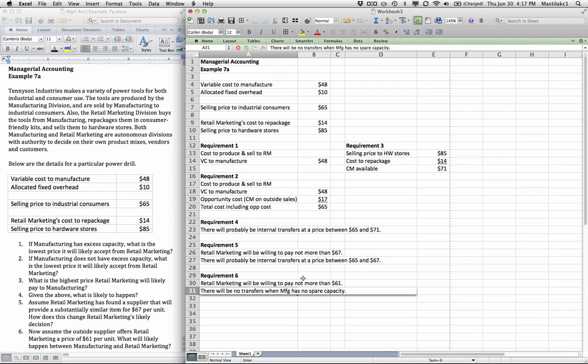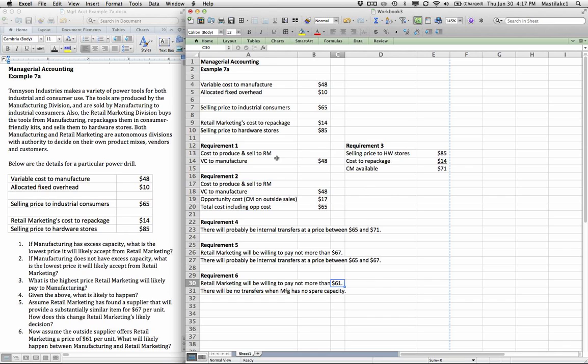Because really what's happened, if retail marketing can get the good for $61, then in this scenario where manufacturing's got to get 65 or they're losing money, there's no price that's greater than 65 and lower than 61. Of course, there's no price that makes both parties happy.